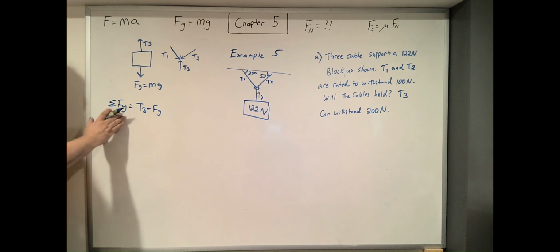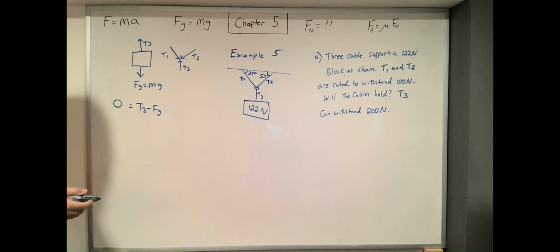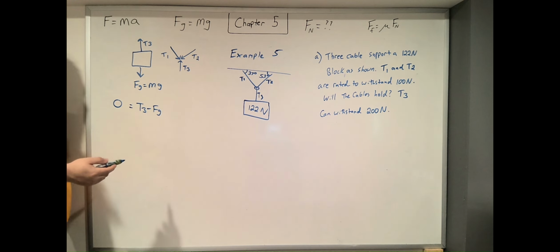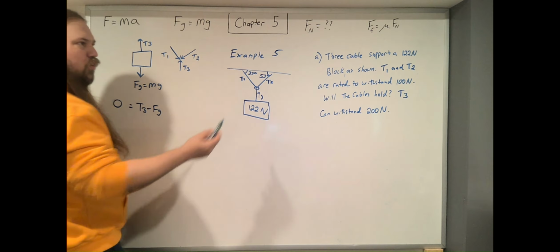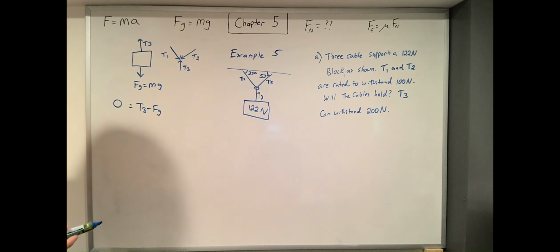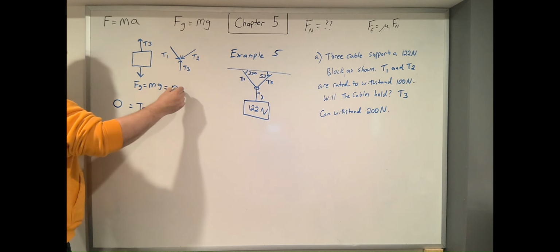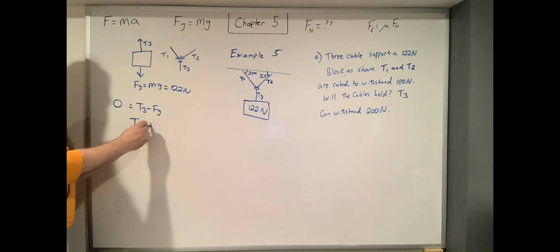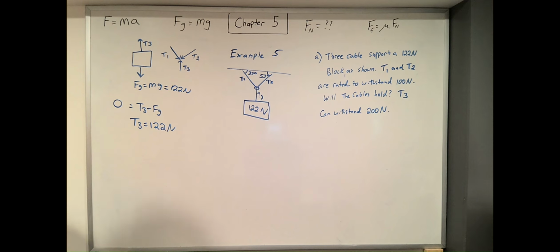Now, I know that it's in equilibrium, which means this can be written as a 0, which means that T3 is just equal to Fg, the force of gravity. Now, it didn't give me a mass. I know that g is 9.8, but I don't actually need that because it told me it has a weight of 122 newtons, which is Fg. So this is 122 newtons, which means that T3 is going to equal 122 newtons as well.